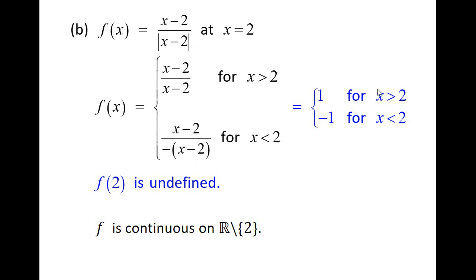Another way of looking at it is that, if you look at the graph of f, when x is bigger than 2, it'll be a horizontal line at height 1, and when x is less than 2, it'll be a horizontal line at -1. So from the graph you can also check that this function is continuous everywhere except 2.